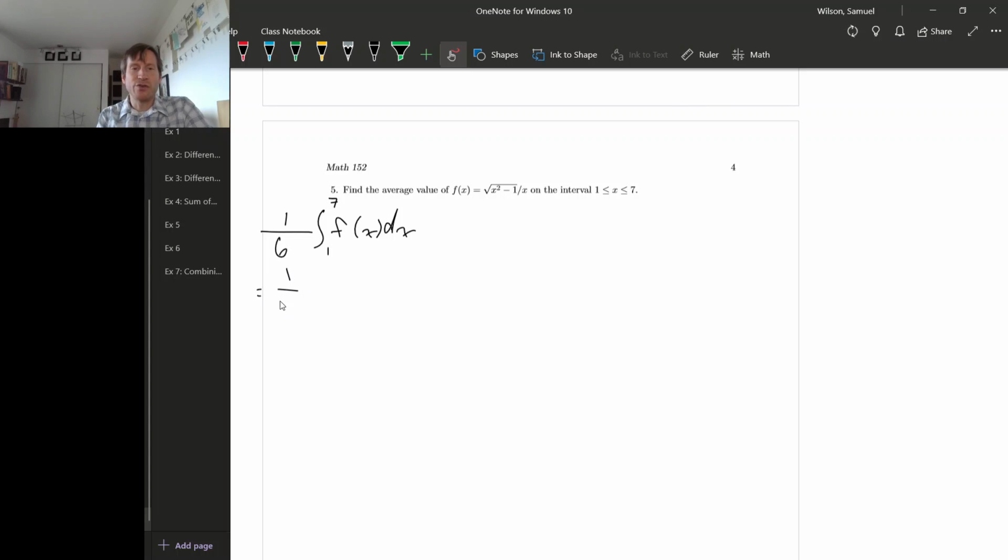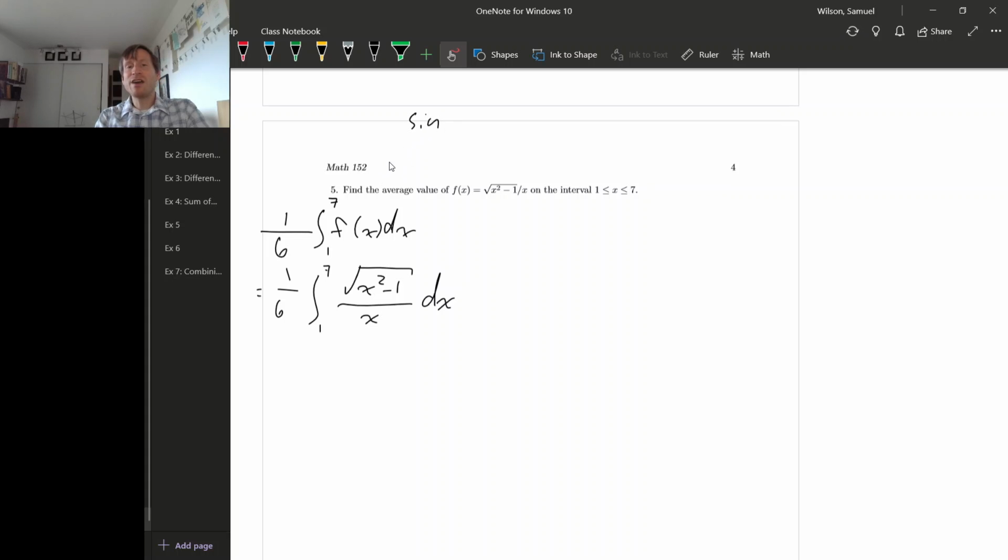So 1 over 6 times the integral from 1 to 7 of square root x squared minus 1 over x dx. And now we have to work out what we should do with this integral. Well, the square root with the squares inside should make you think of trig substitution. So then the only question is, which trig substitution?